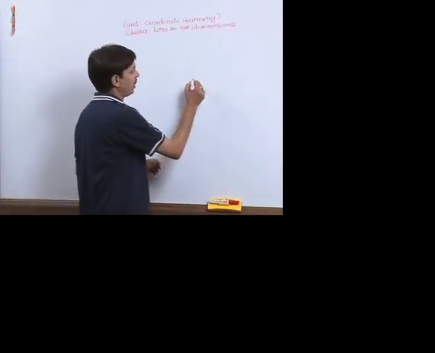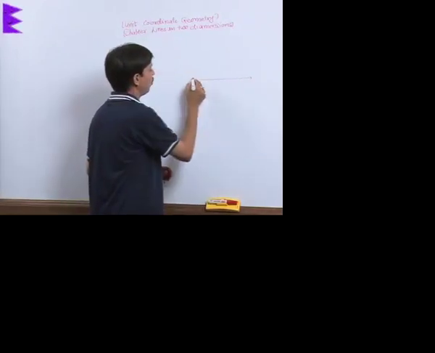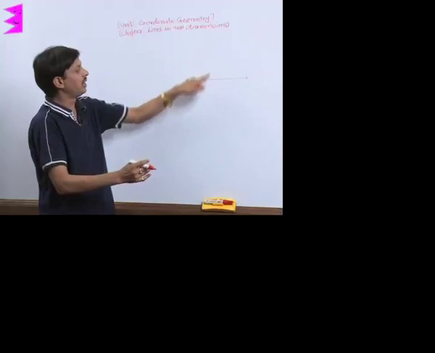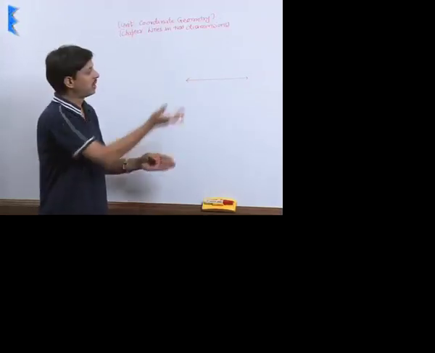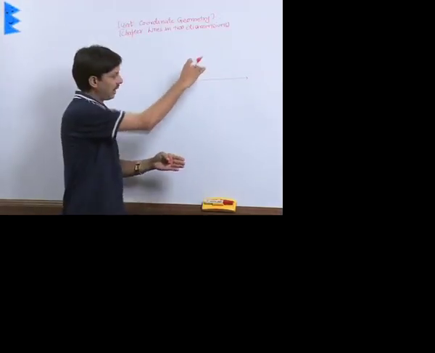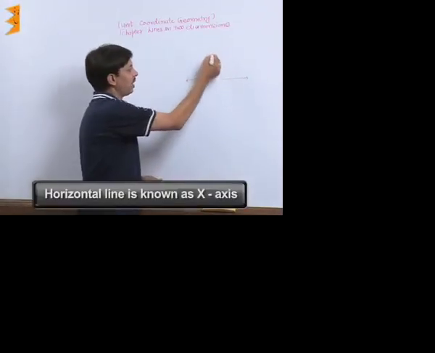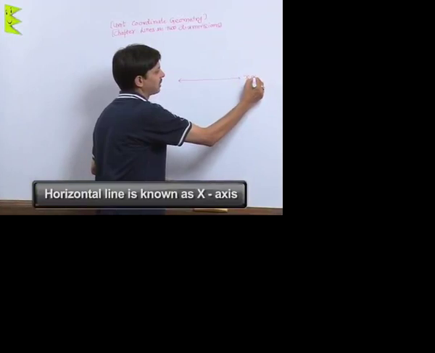So whenever we plot a line which is horizontal, then this plane is separated into two parts. One part above this line and another part below this line. The horizontal line is known as the x-axis.